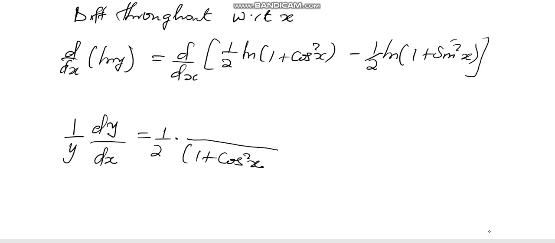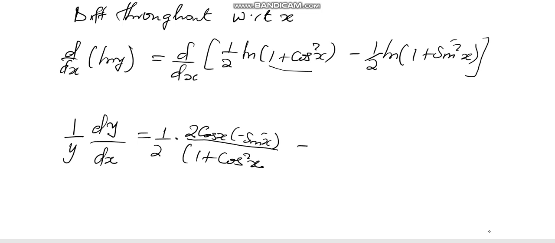We apply the chain rule, so differentiating the function inside, we get 2 cos x times negative sine x.